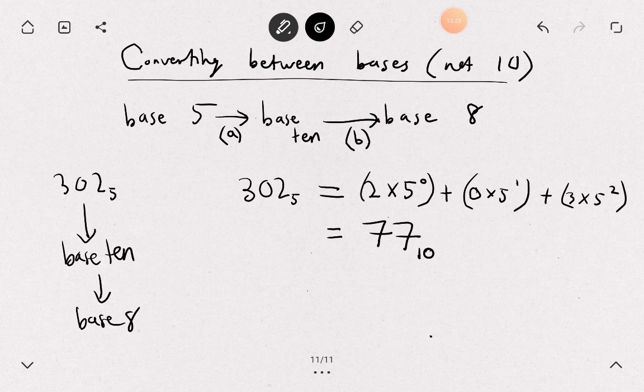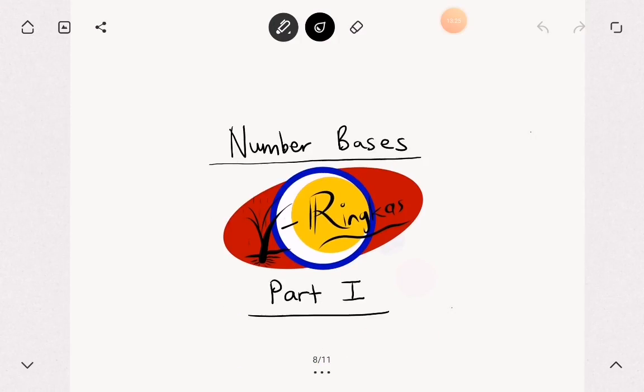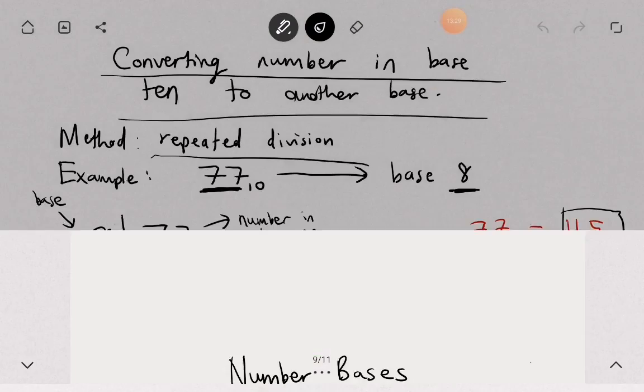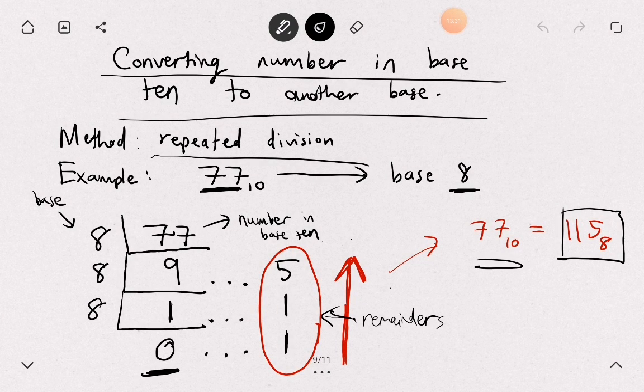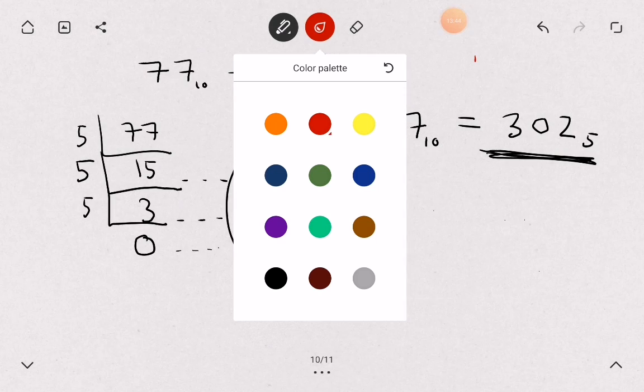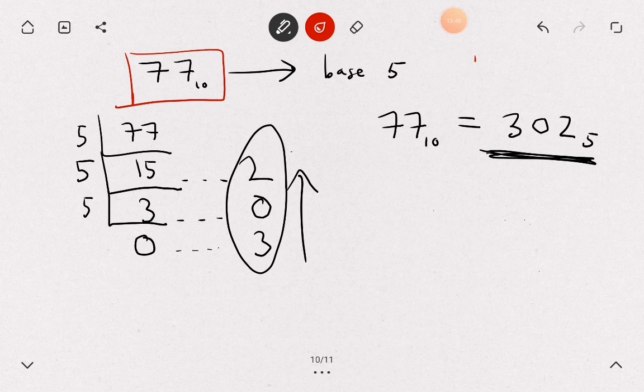So do you see what we have now? Do you remember the number 77? This is how you can check your answer. Remember just now we wanted to convert 77 to base 5.